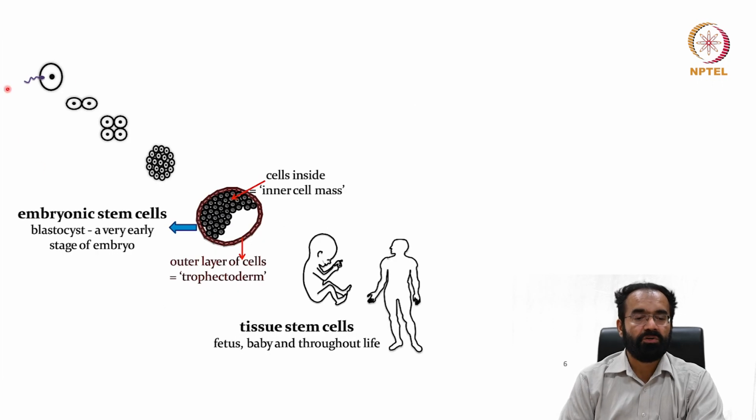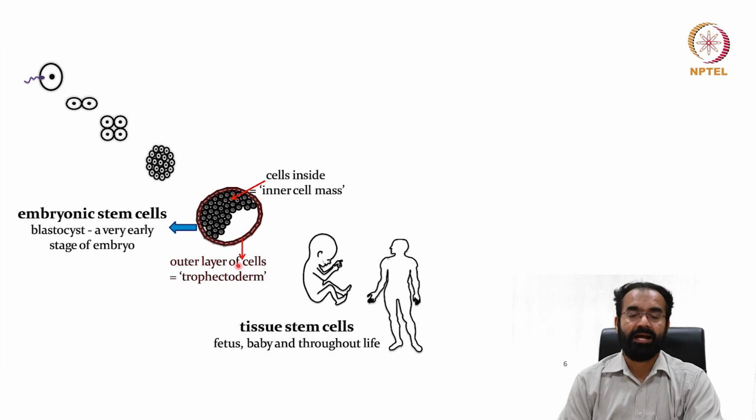So this is an egg, this is a sperm, and you end up making a zygote that divides into 2, 4, morula stage, and you end up getting a blastula, and the cells inside are called the inner cell mass. The inner cell mass of the blastula are called embryonic stem cells, and they give rise to the blastocyst. A very early stage of the embryo is called the blastocyst, and it has an outer layer of cells called trophectoderm.